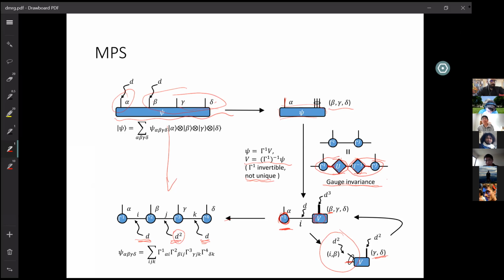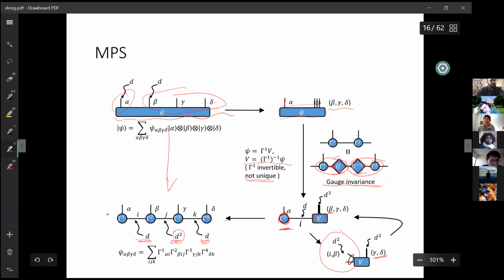So although you only need to store order n tensors, each tensor is costing you an exponentially growing space to store.